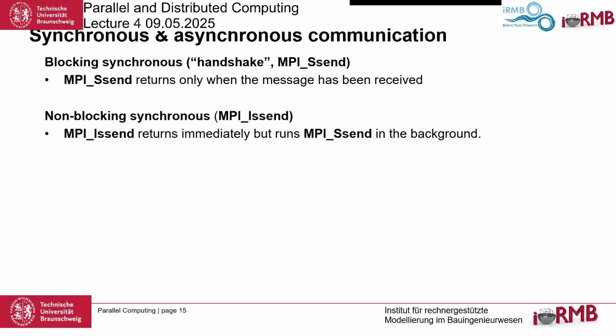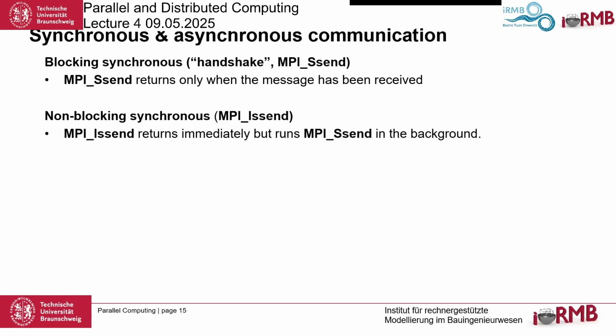Right, so I've already indicated that there is yet another version, that is the synchronous communication. That is even more blocking than blocking, if you will, because this only returns once we have verified that the data actually arrived. So that's called synchronous communication.